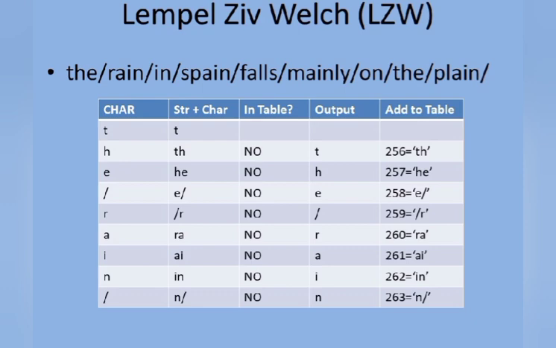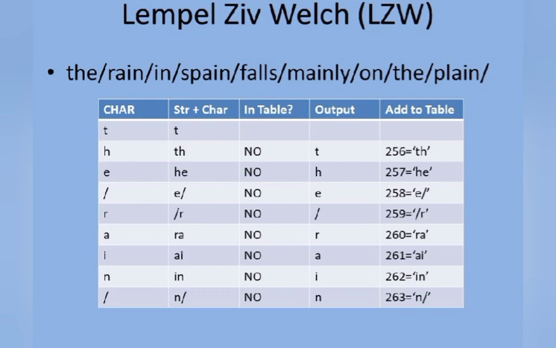So our answer is no. We will output the previous character, which is t, and we will add to the table this new string th. Since we have values 1 to 255 in the extended ASCII table, this new entry will go at position 256.